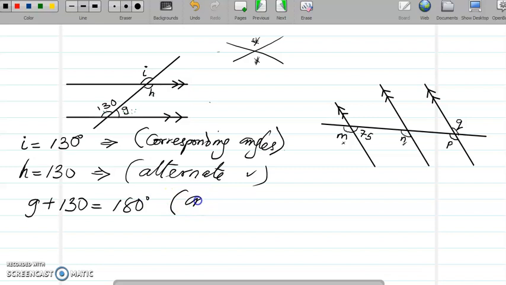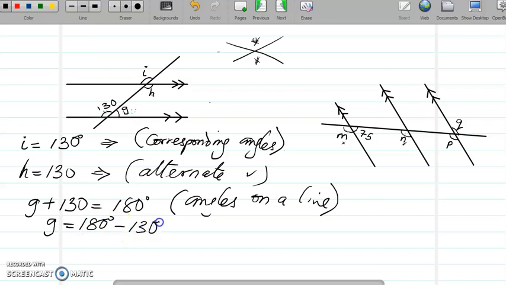They are angles on a straight line, or angles on a line. See that? So if I solve this, I have G is equal to 180 degrees minus 130 degrees. So if I subtract that, we have that to be 50 degrees. So this is how we solve the question.